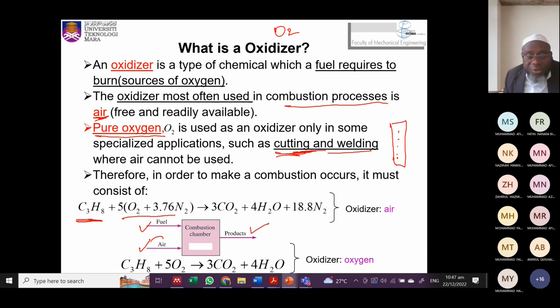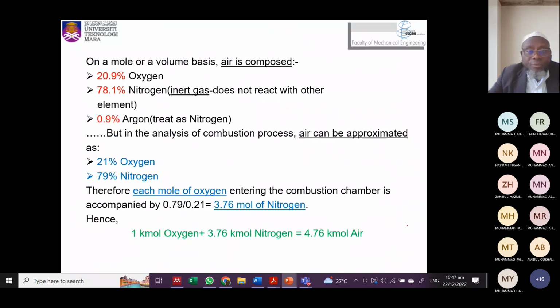If you remove the air from the fuel, there will not be any combustion. If you remove the fuel from the air, there will not be any combustion. So both of them have to be put in place. Over here, air is the oxidizer, where for this equation, oxygen is the oxidizer.